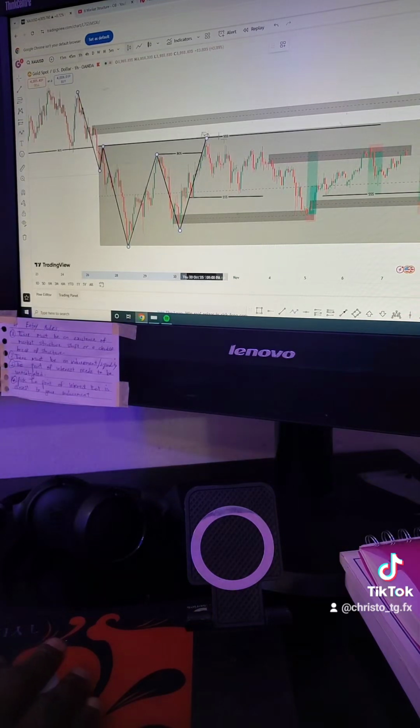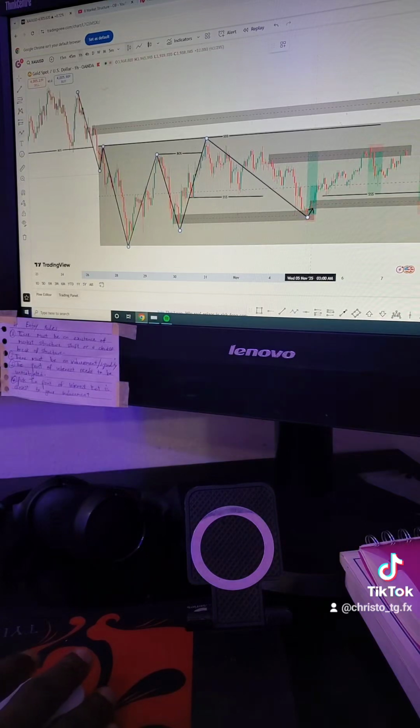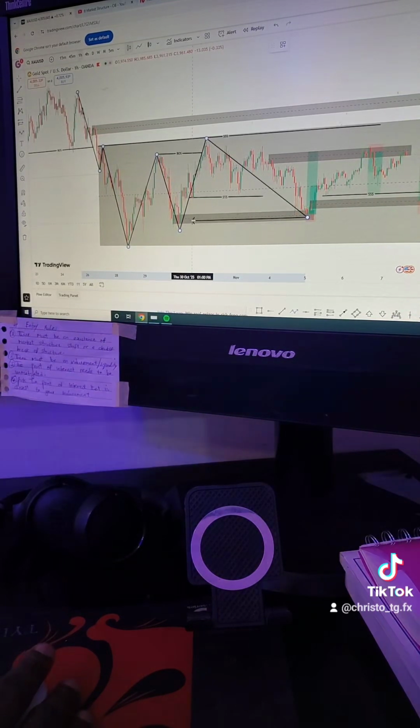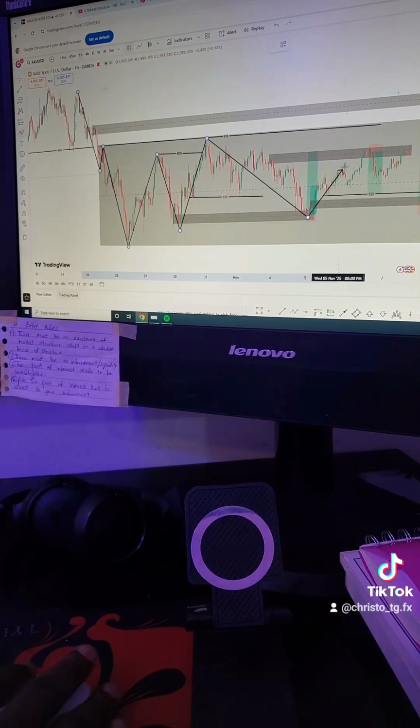Then what happened? The market created liquidity here, came back to clear the liquidity. That's how I got this buy from this other block around here. If you check it on the lower time frame, you see it like on the 15 minutes. I can't go down to 15 minutes, it will scatter my chart. So I bought from here. That's how you see this buy.